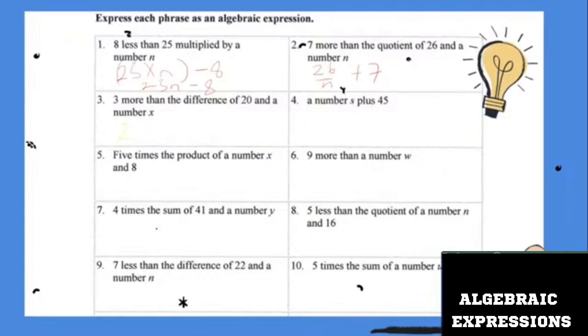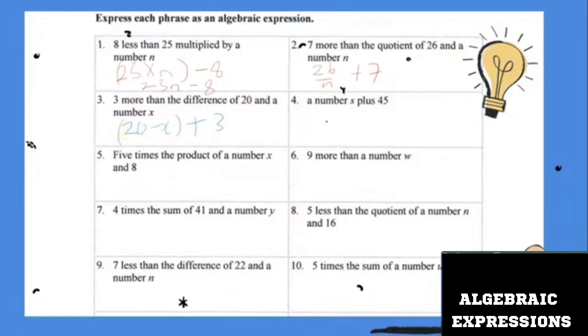So we have 3 more than the difference of 20 and the number x. So 20 minus x, and then whatever we get, we add 3.